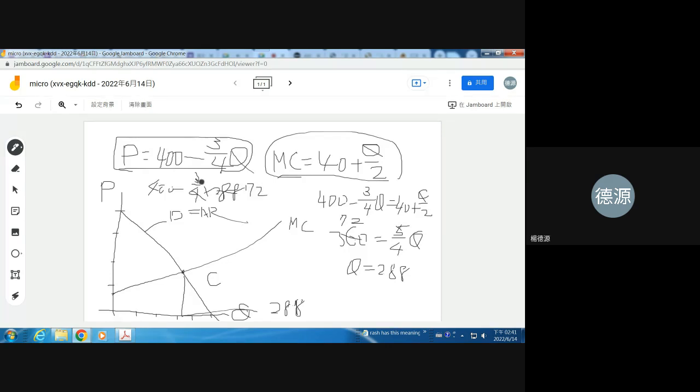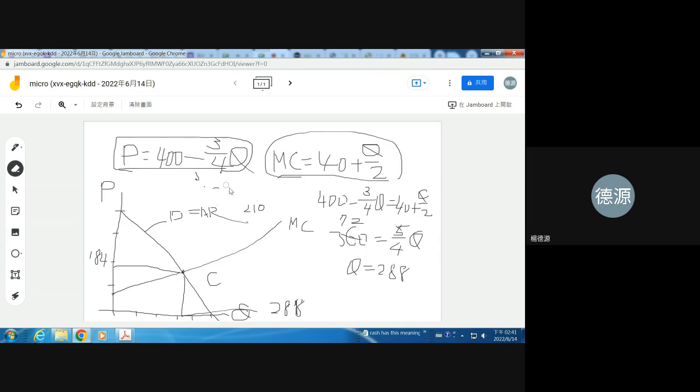And 3 times this one will be 216. Okay, 400 minus 216. So that would be 184. Okay. So this is the case for a perfect competition. Okay, this is the case for perfect competition.